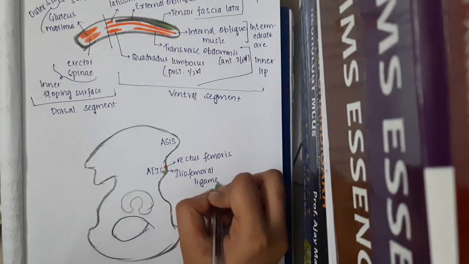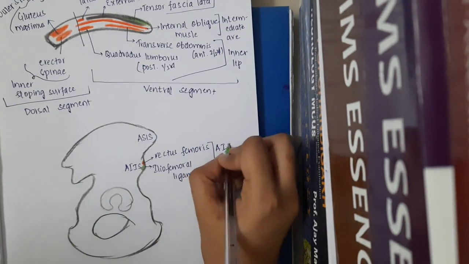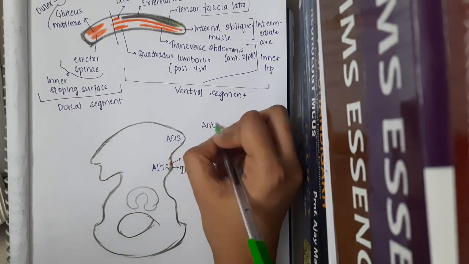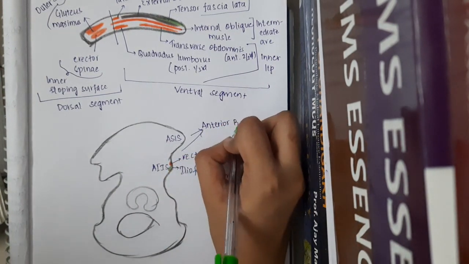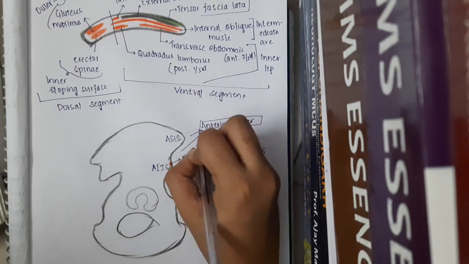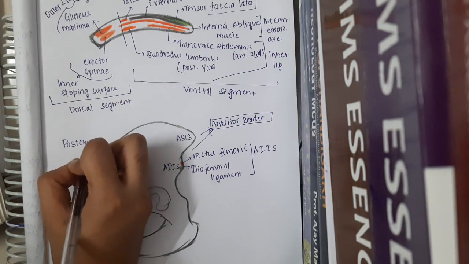Where are both these present? Both these are present in anterior inferior iliac spine. Okay, this is about the anterior border. Then we have posterior border also.